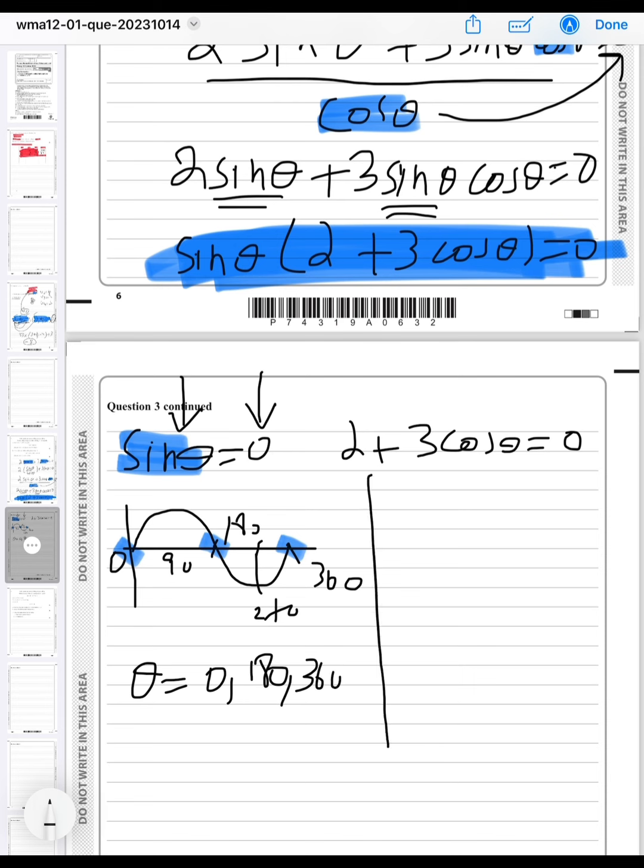Now moving to this one, cos theta. We will just adjust this, 2 will go to the other side, and then it will become this.